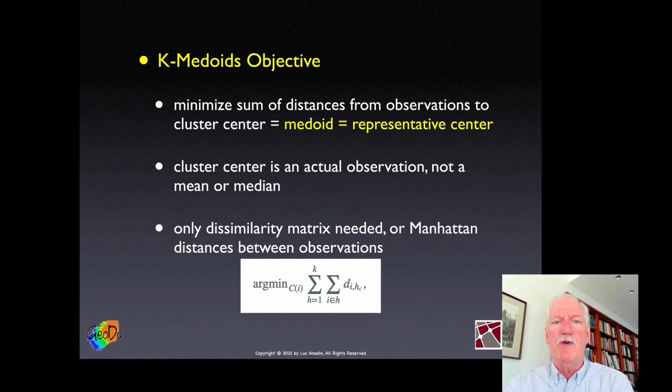Two differences with k-means. It's also a partitioning method, but the center of each cluster is an actual observation, and the objective is to minimize the sum of distances to the cluster center. So the objective function, again, we try to find the smallest value for a given encoder, the C that assigns every observation i to a given cluster.